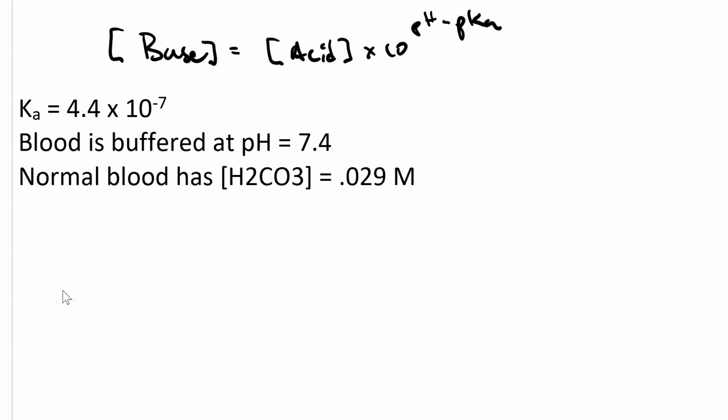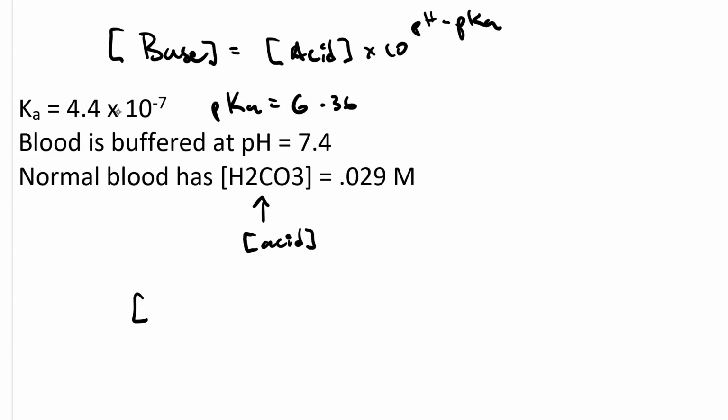So, just to refresh your memory, the Ka value is 4.4 times 10 to the negative 7, so the pKa is the negative log of that. Negative log of 4.4 e negative 7 gives us a pKa of 6.36. And so here's our concentration of acid.